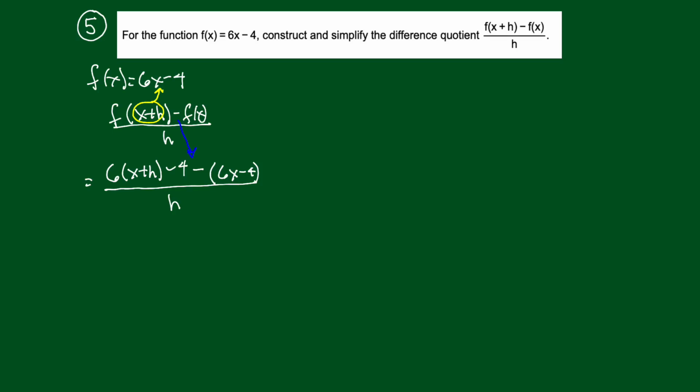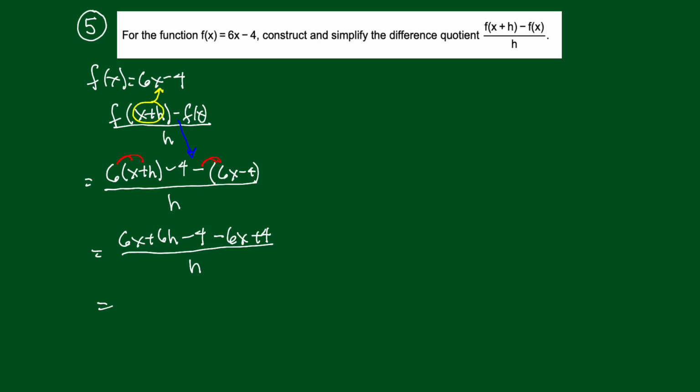So I'm going to take the 6 through and then the negative sign through. So here's what we will get. We'll get 6x plus 6h and then the minus 4, right, that minus 4 from there. Then take the negative sign through. We'll get minus 6x, and then over here we will get plus 4, and the whole thing's over h.